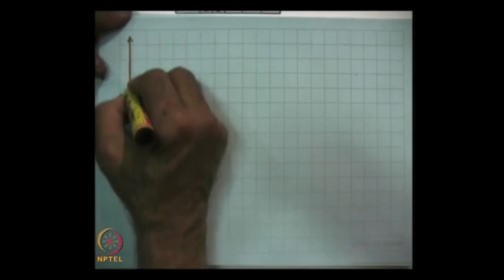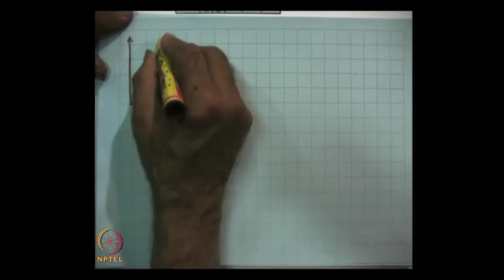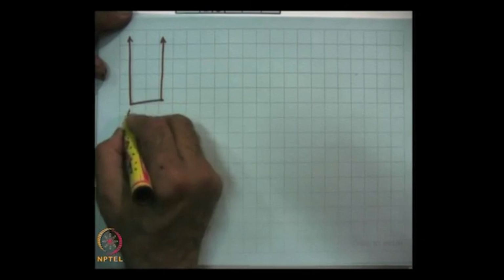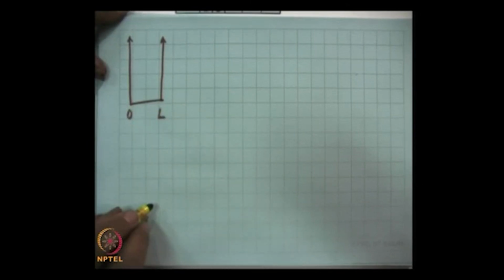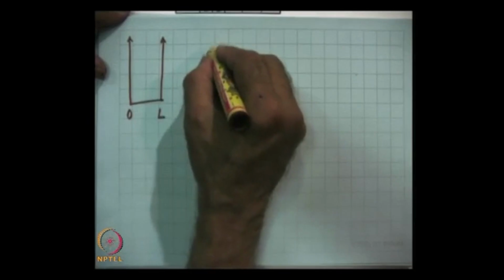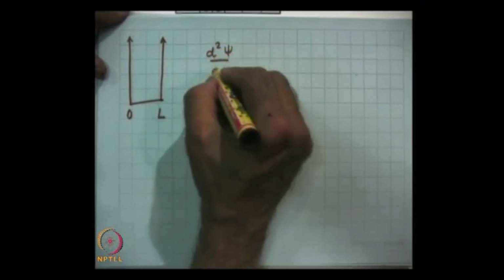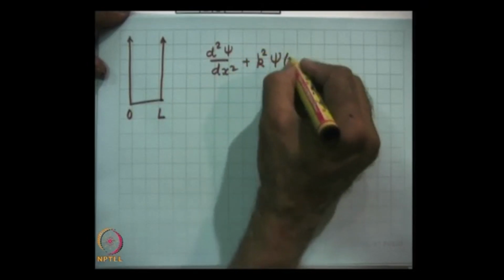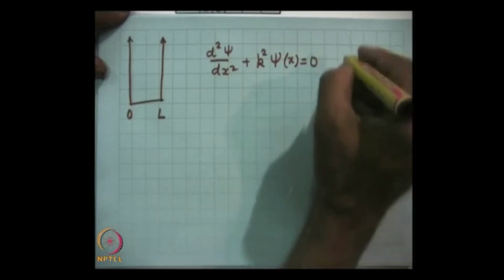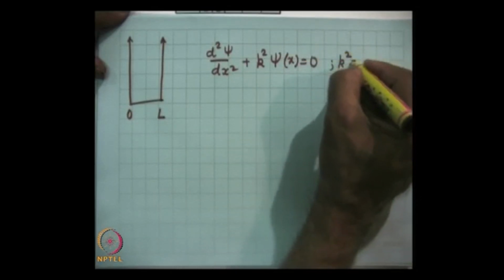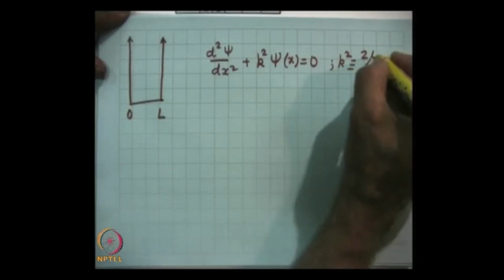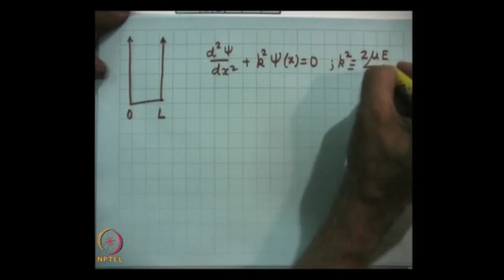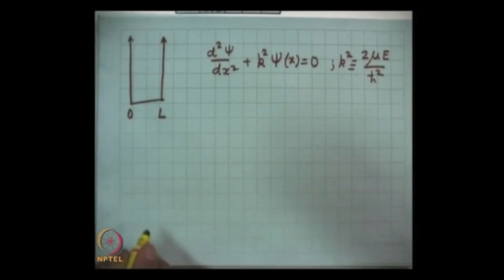So, in the region where I have this particle in a one dimensional box, between 0 and L, the Schrodinger equation becomes d2 psi by dx square plus k square psi of x equal to 0, where k square is defined to be equal to 2 mu E by h cross square.